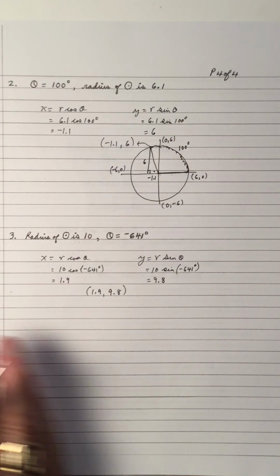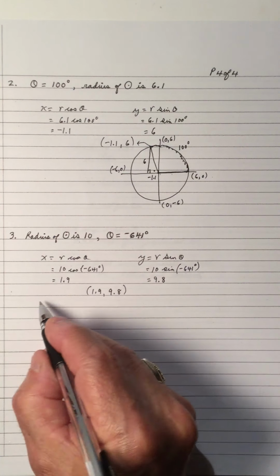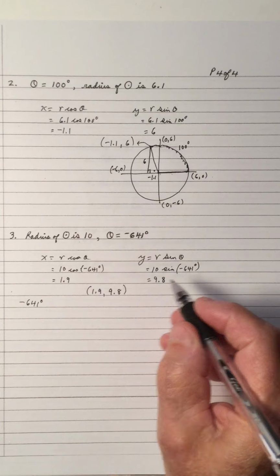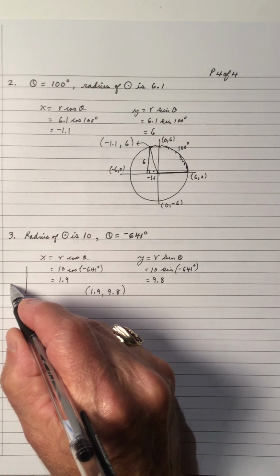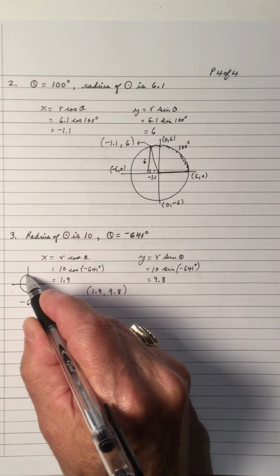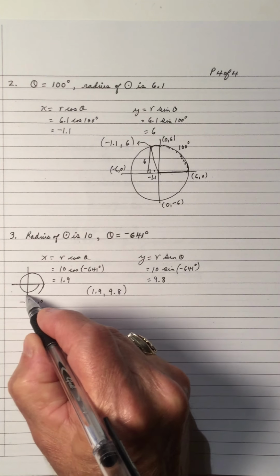Now I just want to do a little tiny further explanation. Notice this angle here is a negative 641. If you had to graph that, you would start here and go negative 360 and some more, like this, keep going.